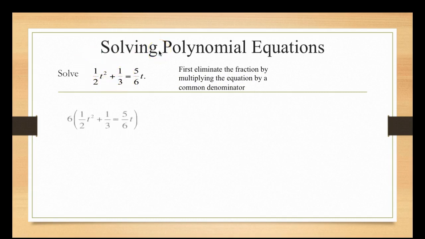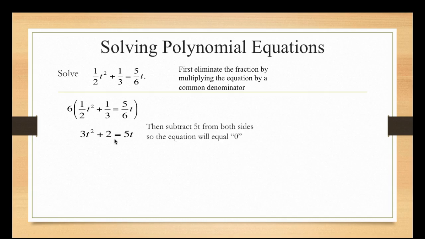So when I do that and multiply everything by 6, so 6 times 1/2 is 3. 6 times 1/3, 2. 6 times 5, 6, 5. So I end up with this. And then remember, to solve, you need to set it equal to 0. And now we have a quadratic where we can do product sum.